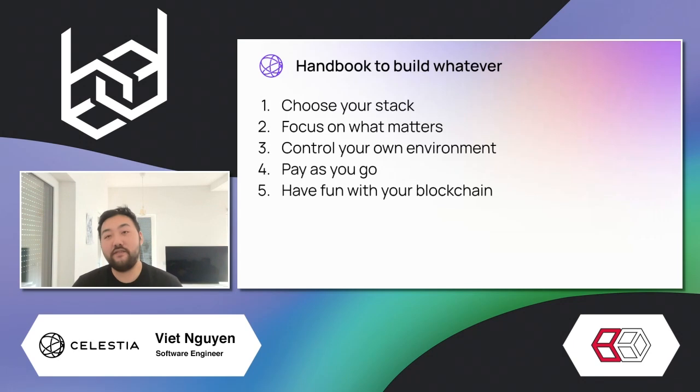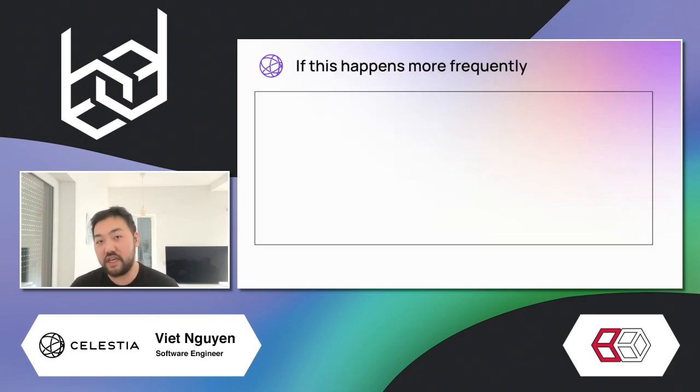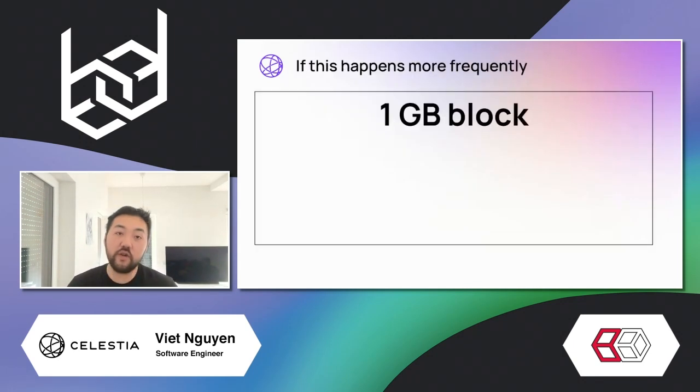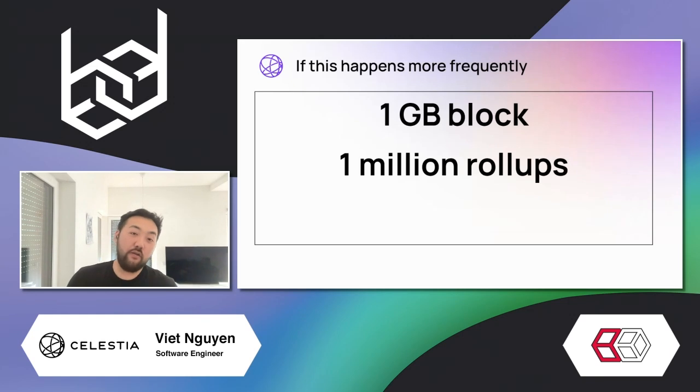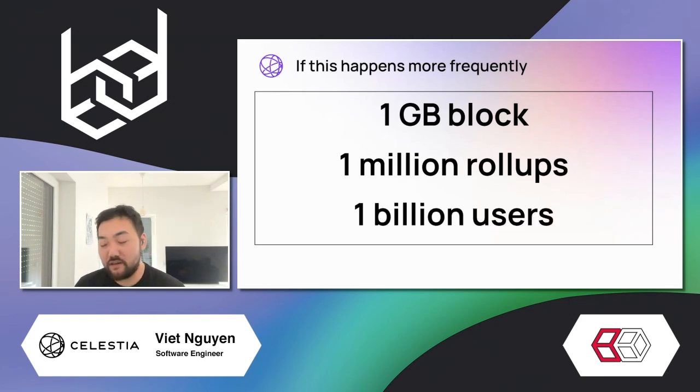And this is where we get to the notion of the North Star: if this happens more frequently, we technically will end up with a situation where it makes sense to have 1 gigabyte blocks, 1 million rollups. And we hope that when everyone is owning their part of their rollup, blockchain, whatever, they will finally reach 1 billion users. Because if each rollup is serving a very specific need for its own community, then adoption will finally come, which is fantastic.